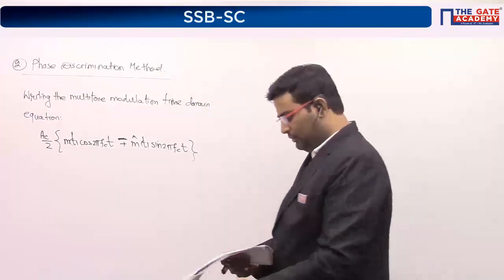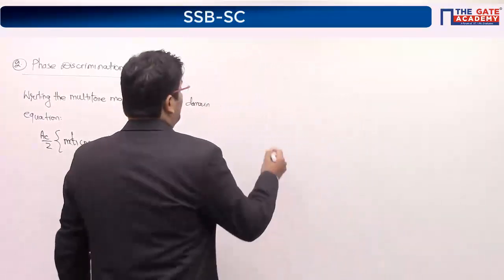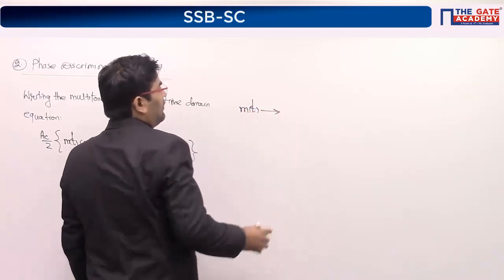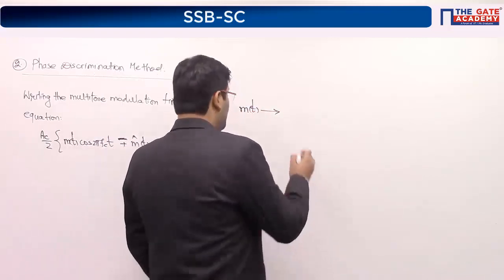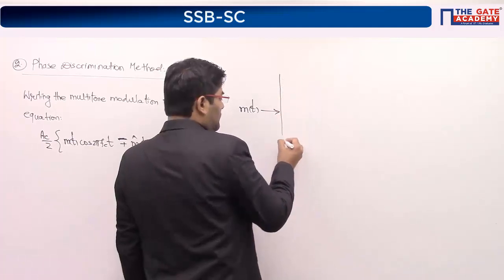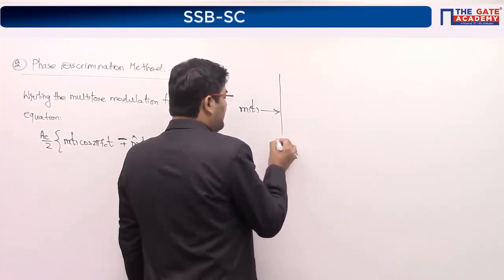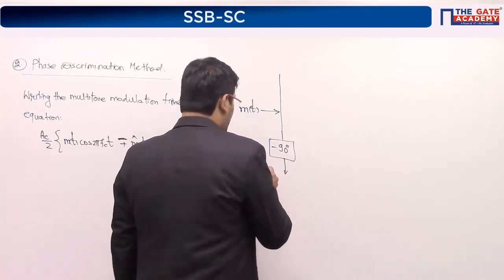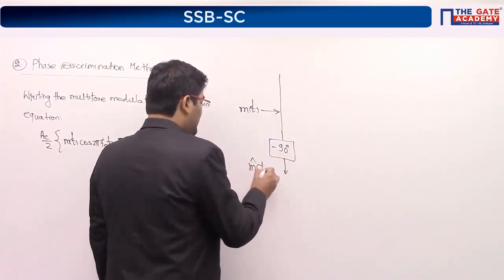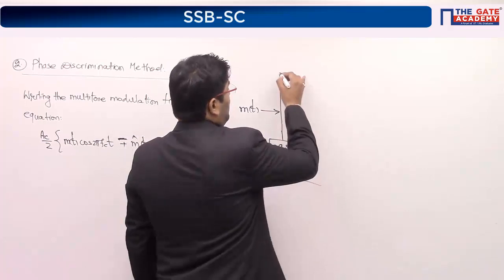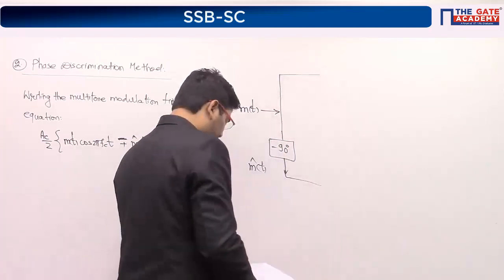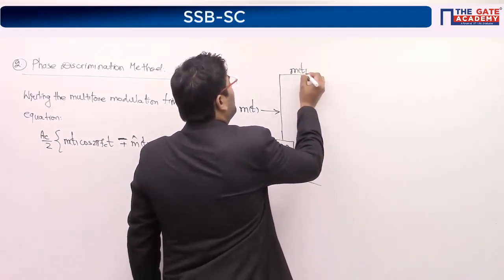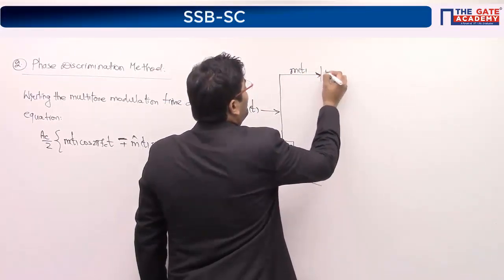Okay, so take the message signal m of t and give a minus 90 degree phase shift block here. So you'll get m hat t. Then you also send m of t to a balanced modulator.